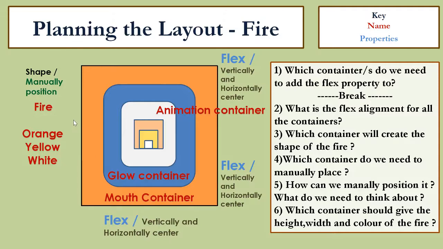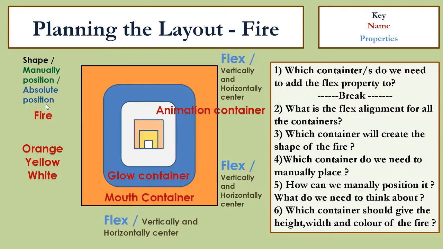However, if we use the absolute positioning property, what that does is it stops other elements interfering. So it's like acting like this orange box is the only box within the fire container. The yellow box is the only box in the fire container.